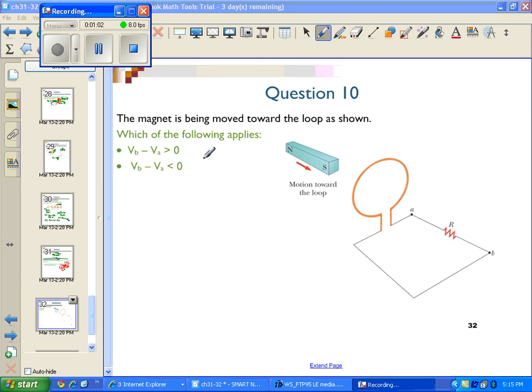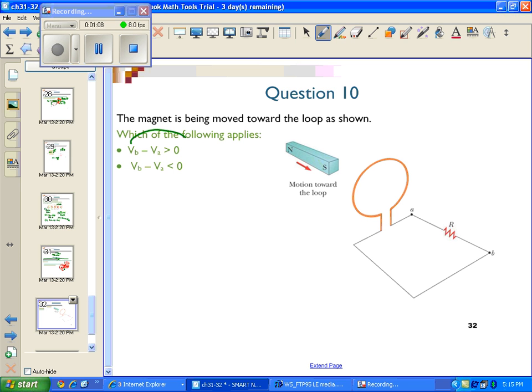And here's what we have to keep in mind. If VB minus VA is positive, that must mean that VB is positive and VA is negative, because VB will be higher than VA, and so this will result in an outcome where the difference delta V between the points B and A is a number that is positive or greater than 0.